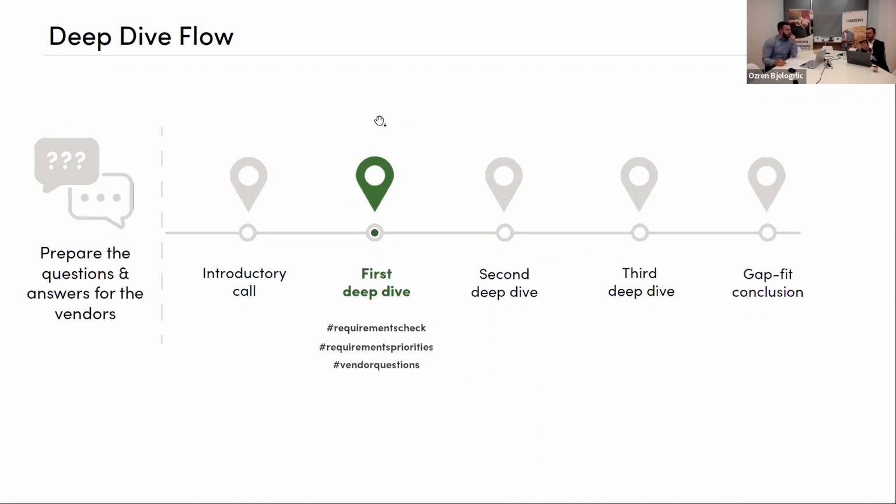So that the vendor has a great opportunity to prepare well to address your requirements in a proper manner. Otherwise, you will get just a generic presentation that might lead you to something that you don't need, or you could get a feeling that, okay, this vendor is not the right fit for me, and the vendor at that point doesn't actually know your business requirements. So that's why the focus on the intro call should definitely be on you, and then the first deep dive is on how the vendor meets your requirements.